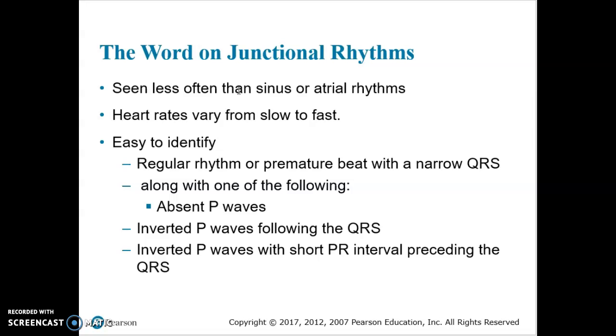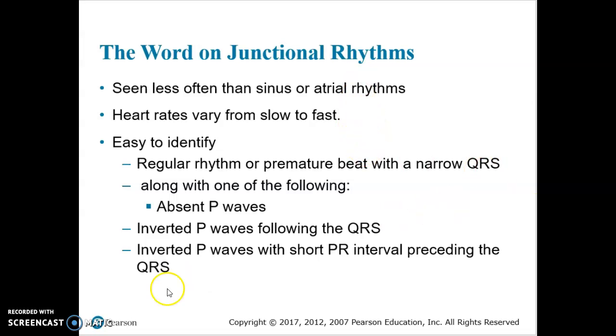The criteria for a junctional rhythm: we can have a regular rhythm or a premature beat with a narrow QRS, absent P waves, inverted P waves following the QRS, or inverted P waves with short PR intervals preceding the QRS. All of that just depends on where this rhythm actually is happening in the AV junction.